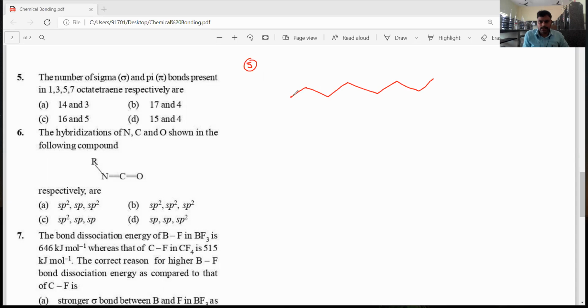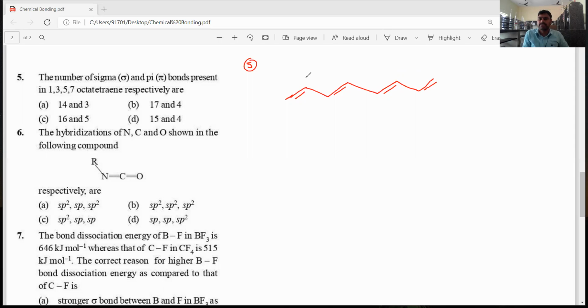Now the alternate double bonds are present at 1, 3, 5, 7. Now we have to find the number of sigma and pi bonds. It's very clear, dear students. One double bond means one sigma and one pi bond. A triple bond means one sigma, and the remaining 2 are pi bonds. Here all are double bonds.